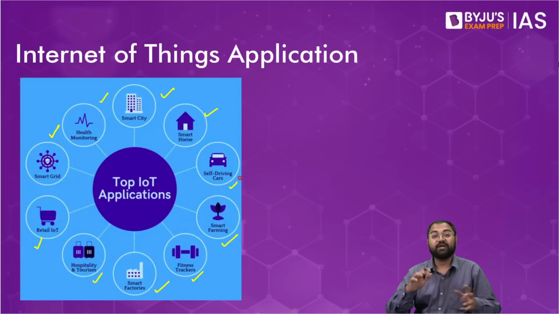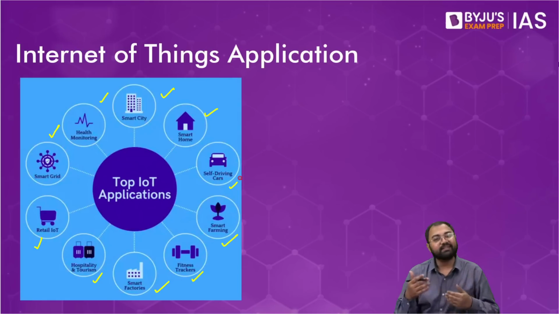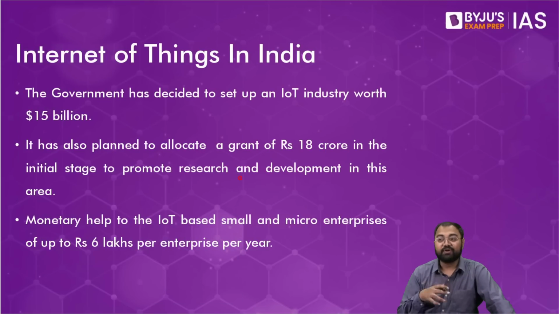It's just about having a lot of different types of electronic devices that are connected to one another via the internet, so they can communicate with one another. In that case, we'll say that it is nothing but Internet of Things. That's why today we see a lot of different ways in which Internet of Things can become useful for us, and the government has been trying to find out different ways, and that is where government spending has also started to come in.